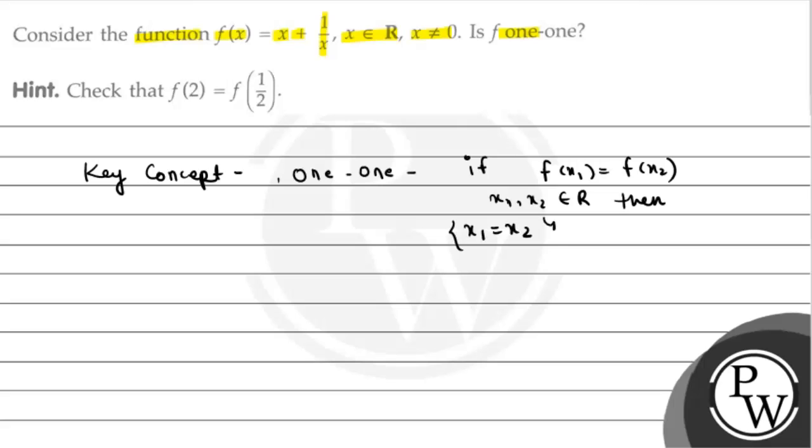Then we can say the function is one-one. That implies that we can say x1 is equal to x2. So let's solve the question.